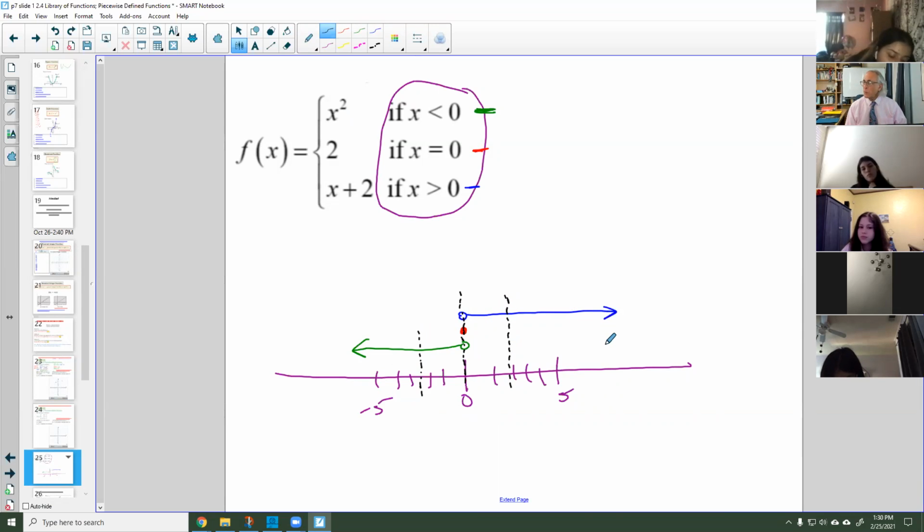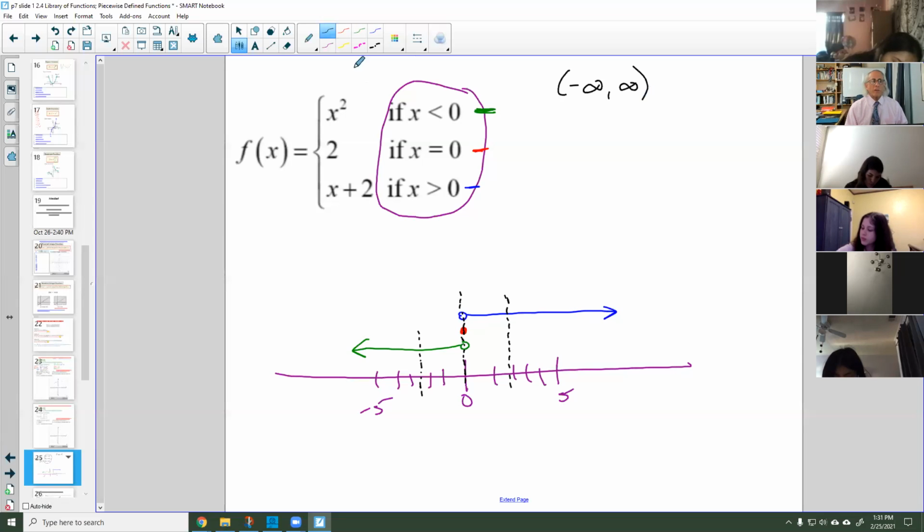So that's part of the domain. So the domain of this particular piecewise function is negative infinity to infinity. Every single x value is covered in the domain of this piecewise function. It only has to cross one line in this problem, different than when we were doing it for the logarithms. Here, it only has to cross one line to be part of the domain.